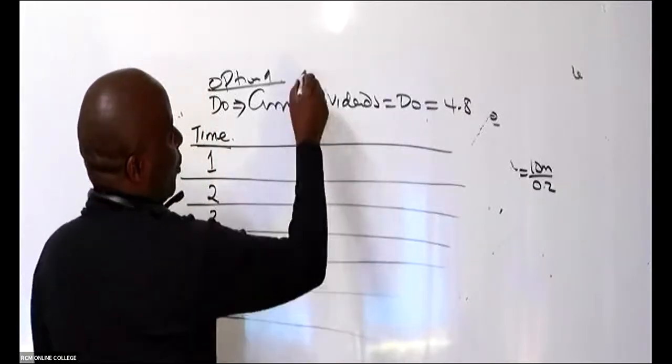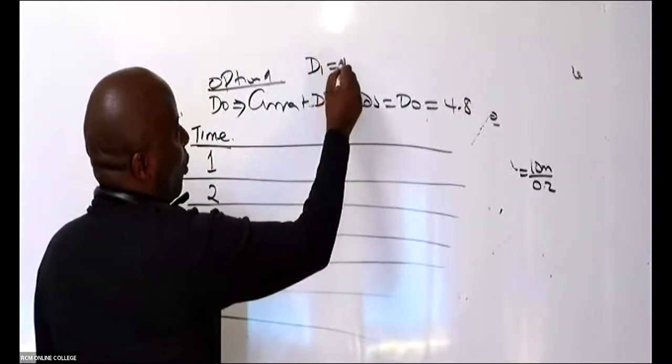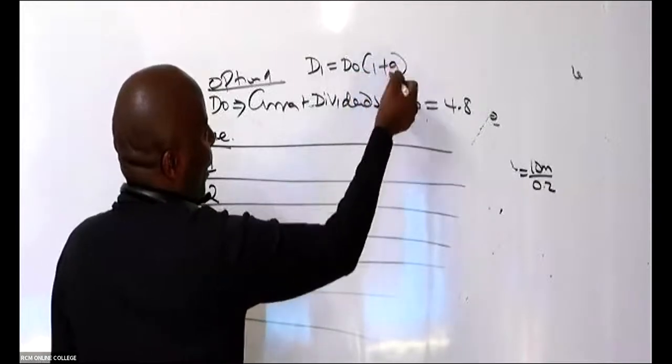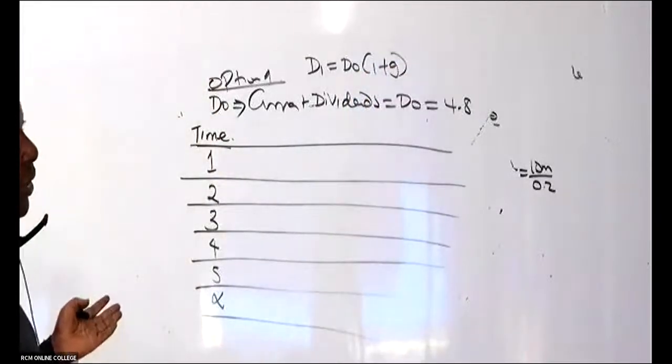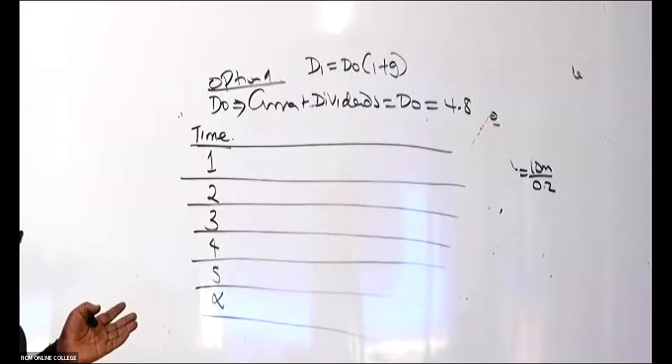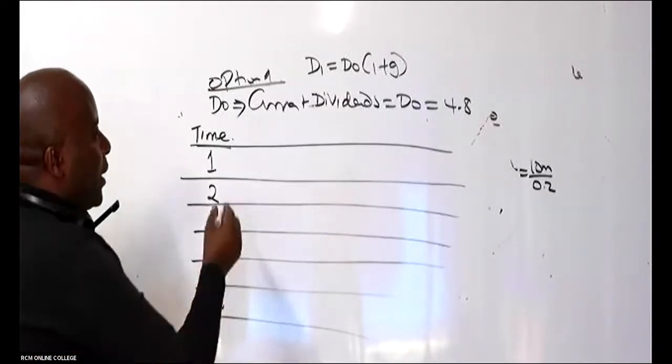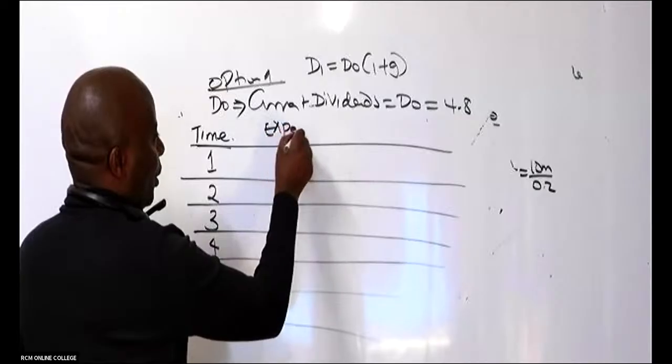And don't forget, of course, to get D1, I will take D0 times (1 plus g). So in this case, let's get expected dividends.